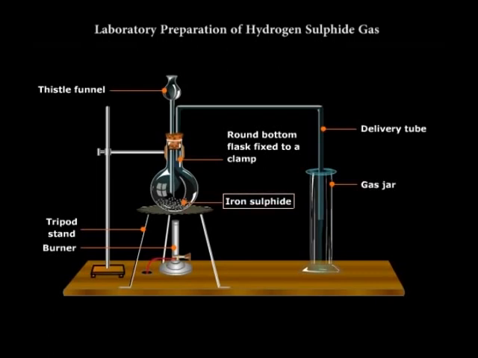In the laboratory, hydrogen sulfide is produced by the action of dilute hydrochloric acid on iron 2 sulfide.